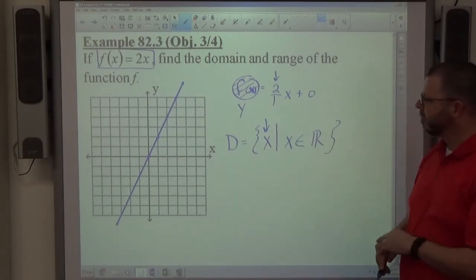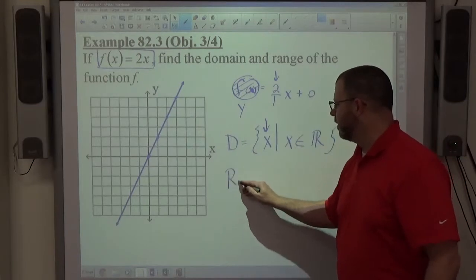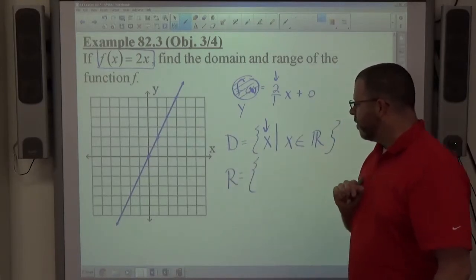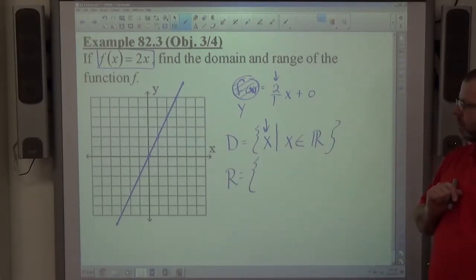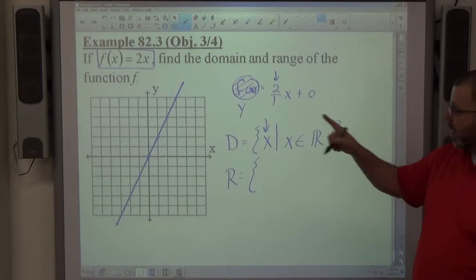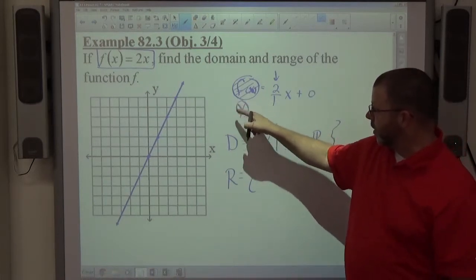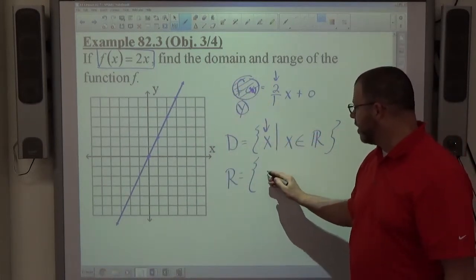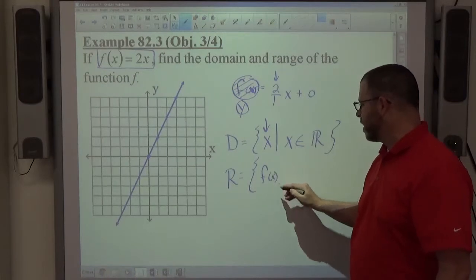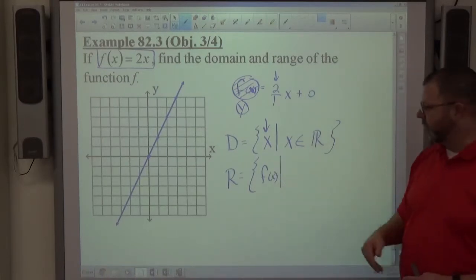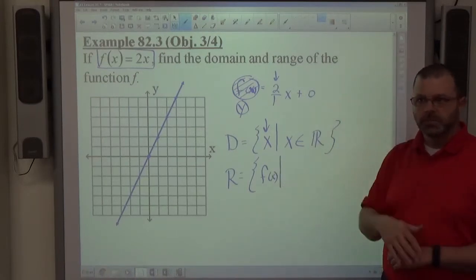All right? Range, what's the y variable in this case? In the original problem, I called it y, right? Well, what is it really? It's really f of x, right? So range is all about f of x. And the rule in f of x is, if you look, how far down does it go?